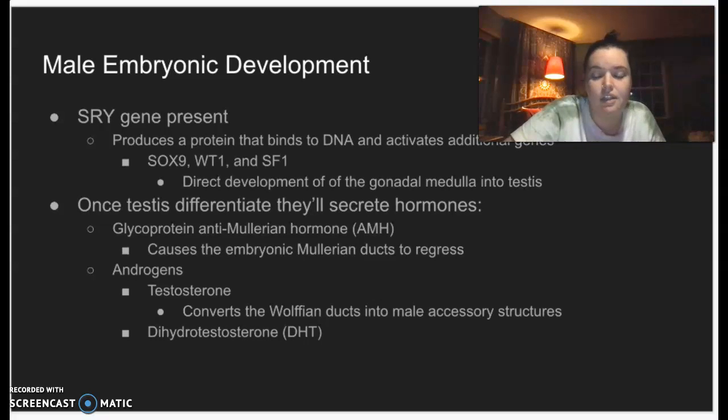Since DHT is the derivative of testosterone, it binds to the same androgen receptor as testosterone, but as stated, elicits a different response. So testosterone solely acts on the Wolffian ducts, and DHT acts on the different remaining sex characteristics.